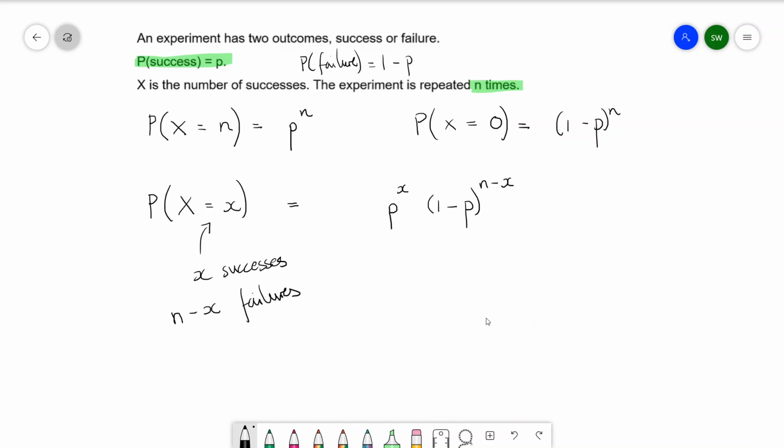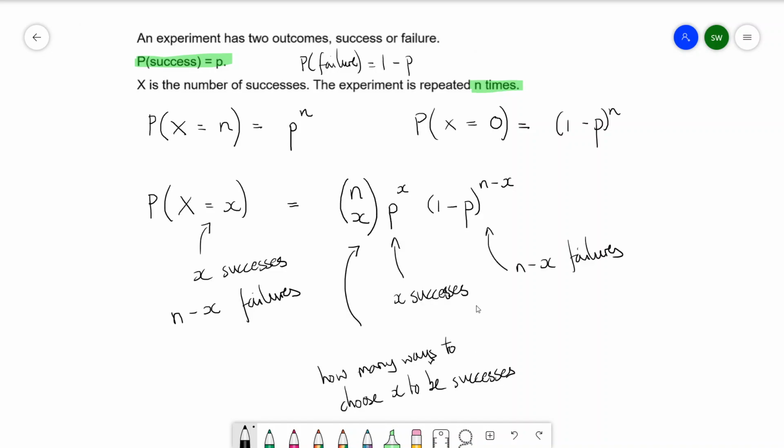Well, that's the same as saying you've got n trials and you're going to choose x of them to be successes. So that's n choose x. So you can think about this formula as this is how many different ways there are of choosing x of the n trials to be successes. This comes about because we've got x successes, and this represents the n minus x failures.